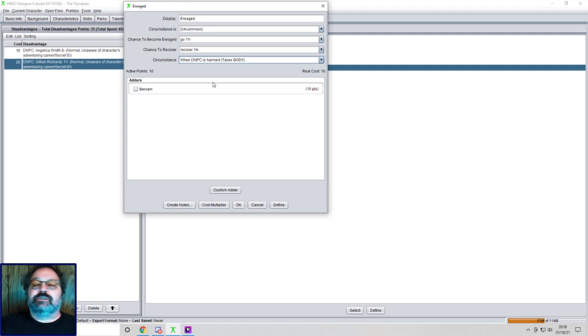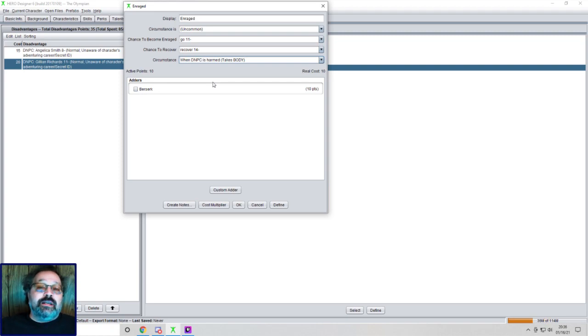If he recovers, all's well and good. He can go back under, do what he was supposed to be doing in the first place. If the roll fails, though, at an enraged level, he now attacks the nearest enemy. Okay? So, he attacks the target that triggered the enraged. After that one's dealt with, he now attacks the nearest enemy available.